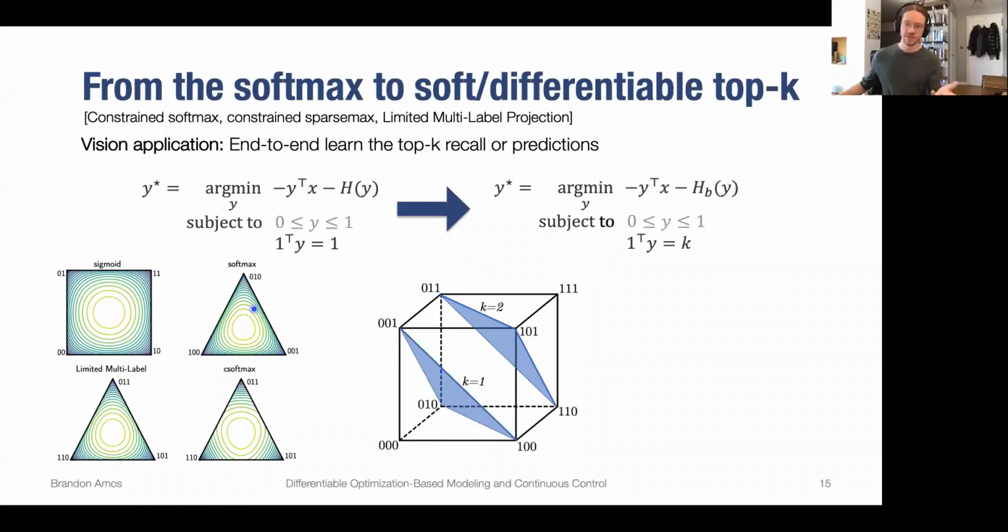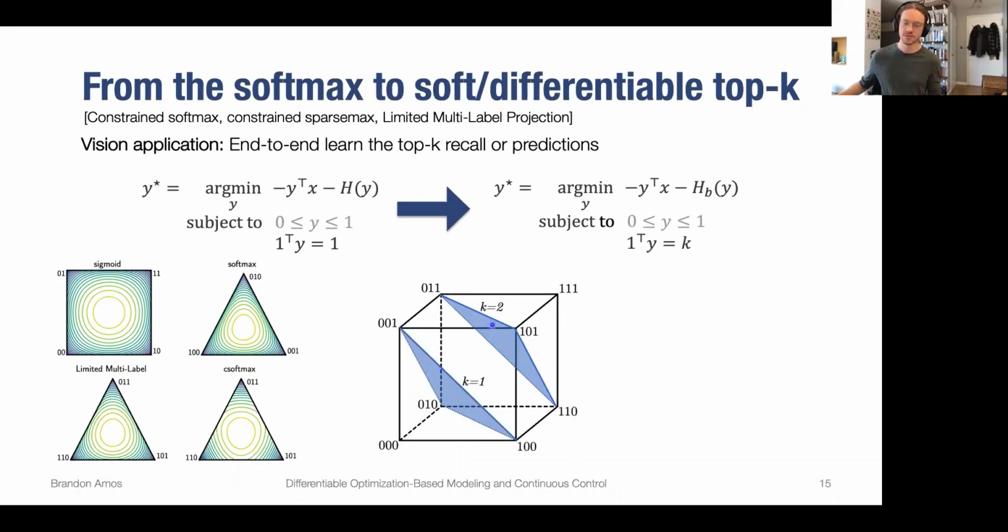And now as you extend to the top K setting, for example, this is the top 2 setting. If you have 3 input items, it's every combination of 2 elements that you can have from your set of inputs. And you can start visualizing this in higher dimensions as well, like I have here on this hypercube. If you have k equals 1, then you just get back the simplex.